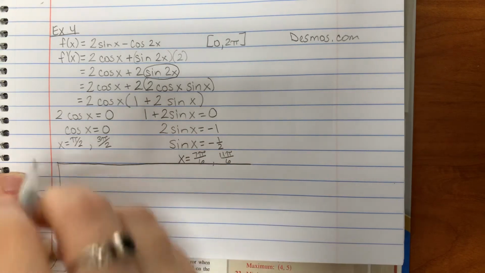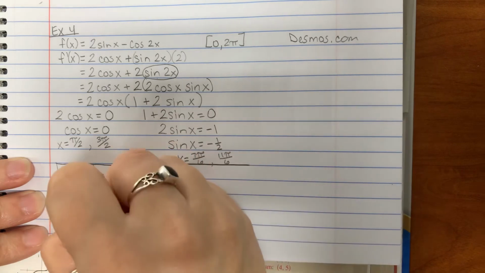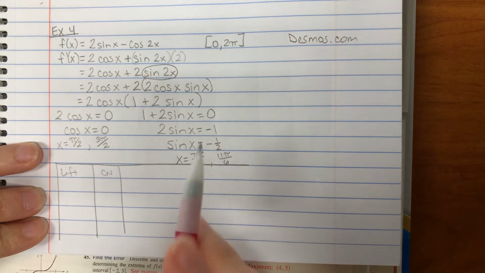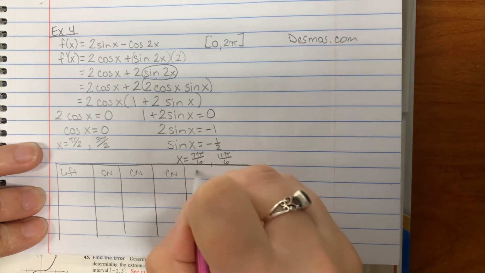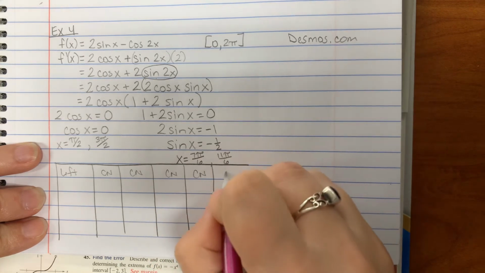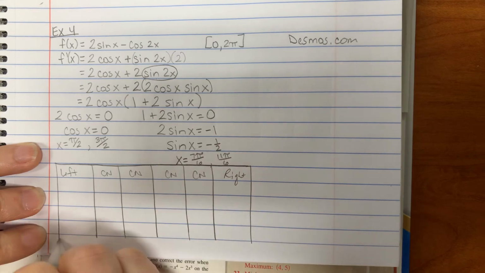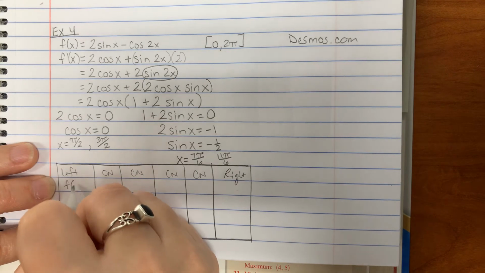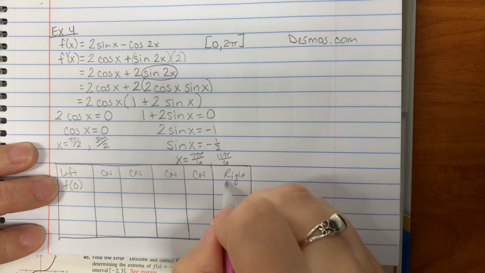We'll get there. All right, so I'm going to use my left endpoint, my critical numbers. Let's see how many we've got. I've got 1, 2, 3, 4 of them. So critical number, critical number, critical number, critical number. And then my right endpoint. So first is f of 0. My last one is going to be f at 2 pi.